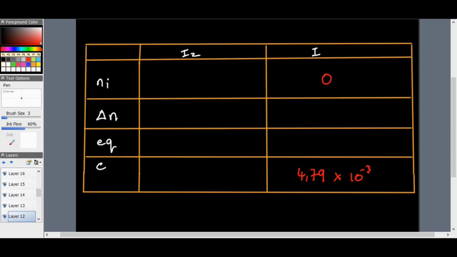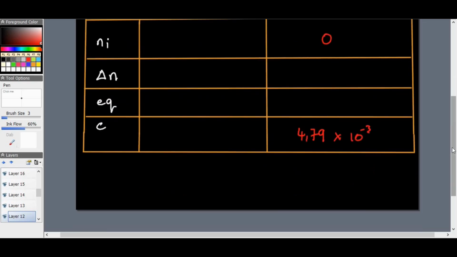Now, how do we find the concentration of I2? That's actually a very simple calculation. We were given what the Kc value was. So we know Kc is equal to the concentration of products over the concentration of reactants.